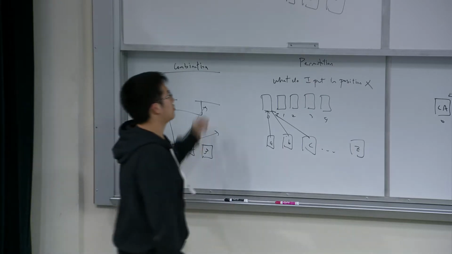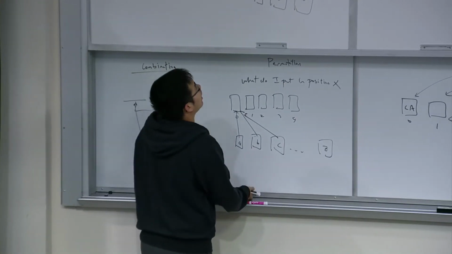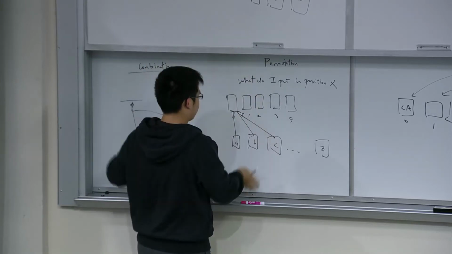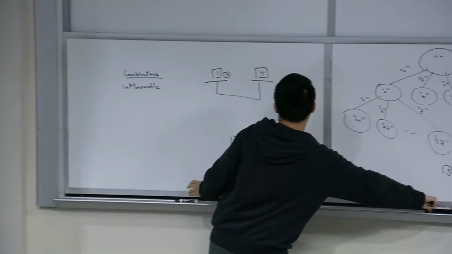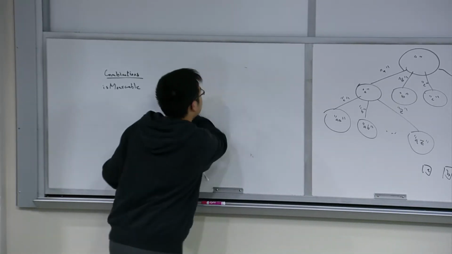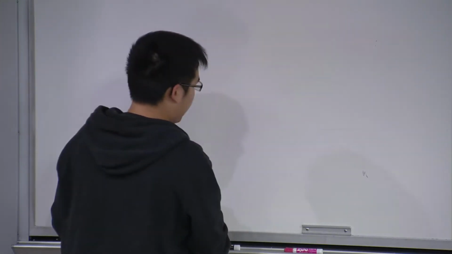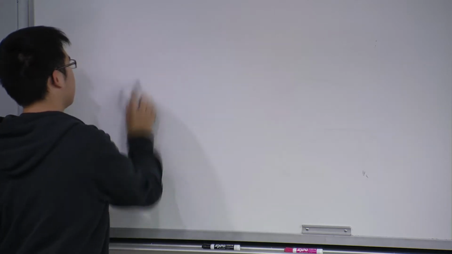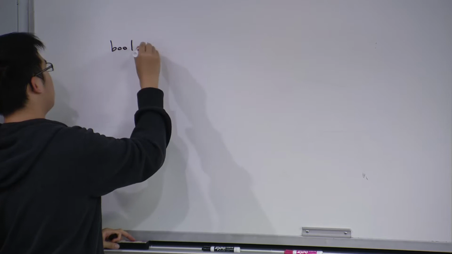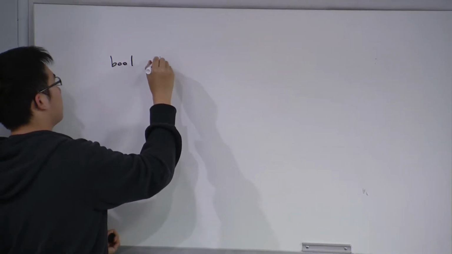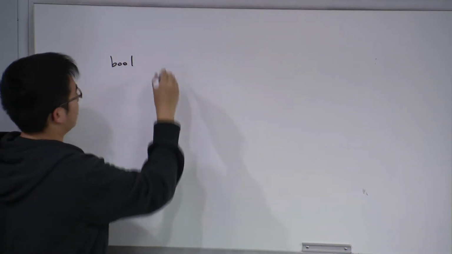Let me just quickly draw one more thing. Oftentimes you'll have something like a bool. Let's see. This problem's called crack.